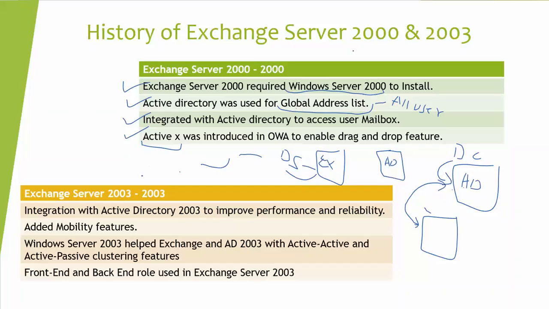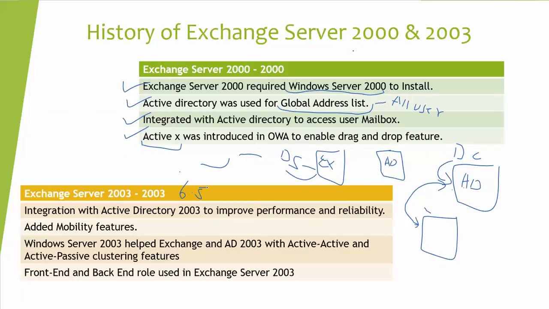So one other Exchange server that we have is Exchange Server 2003. Exchange Server 2003 came in market on September 28, 2003. It is also known as version 6.5, and this version had the capability to run on Windows Server 2000.